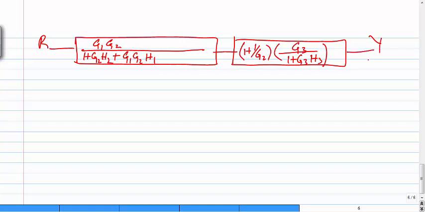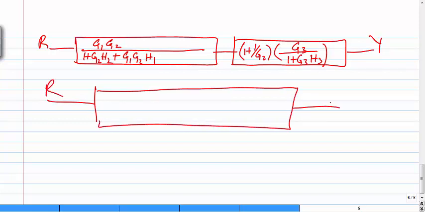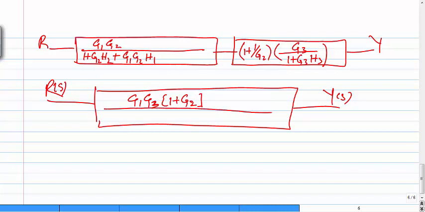Then is the output. Now to solve this, there is a single block with input R and output Y of S. In this case this becomes G1 G2 times 1 plus G2, this becomes G3, it is cancelled out, so it becomes 1 plus G2 whole divided by 1 plus G2 H2 and plus G1 G2 H1.